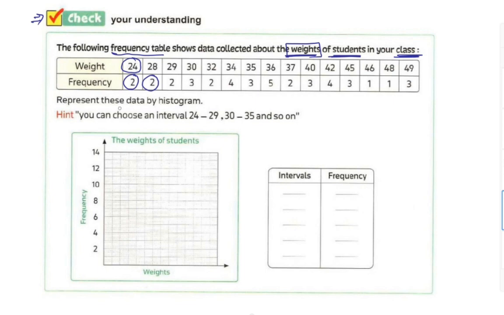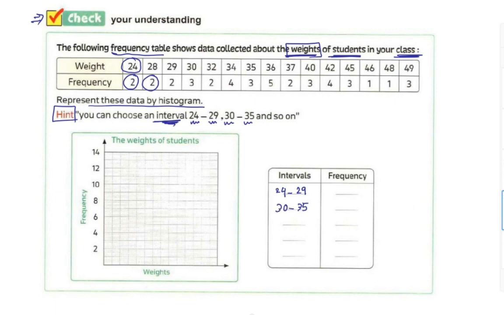It's easy. Now the question: represent this data by a histogram. A hint to help you: you can choose the interval. He will use 24 to 29, 30 to 35, choosing an interval of 5.